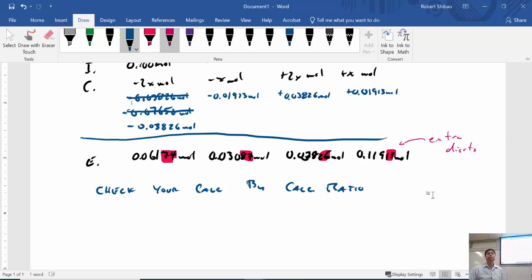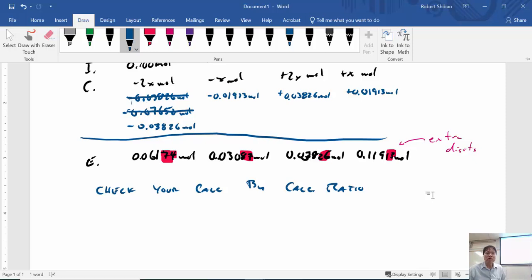That way, you can eliminate the possibility of rounding error. If you carry extra digits, then you go, my number is off. But is your number off because you made an error in the calculation, or because of rounding error?